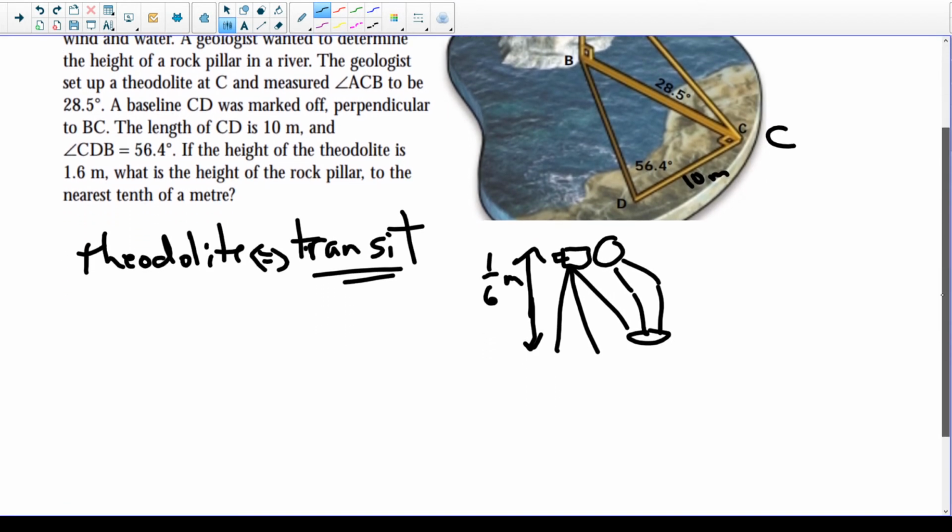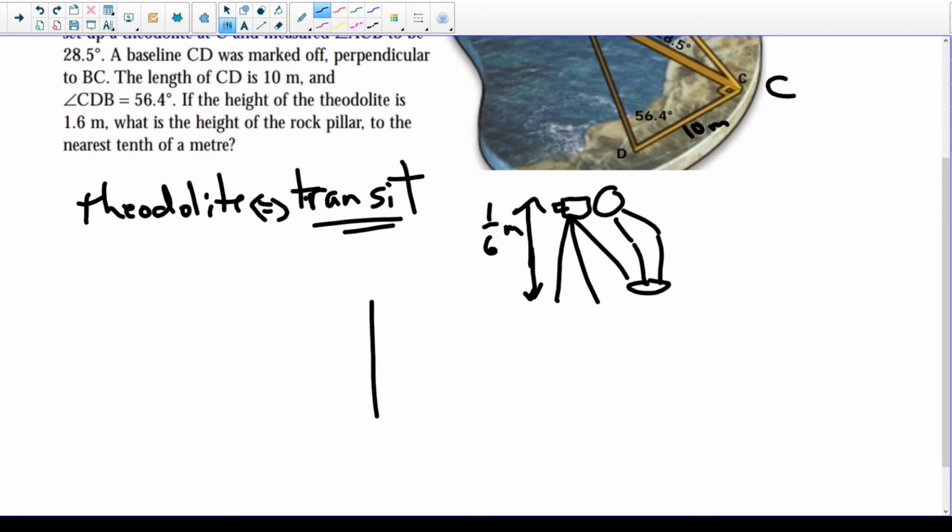Okay. So if I was to try to draw this picture off to the side, here's the problem. This angle does not look like a 90-degree angle, but it is.